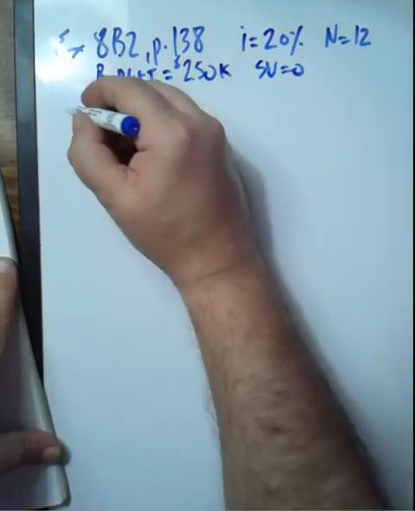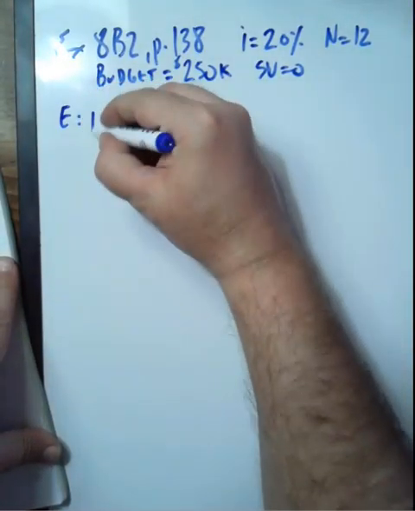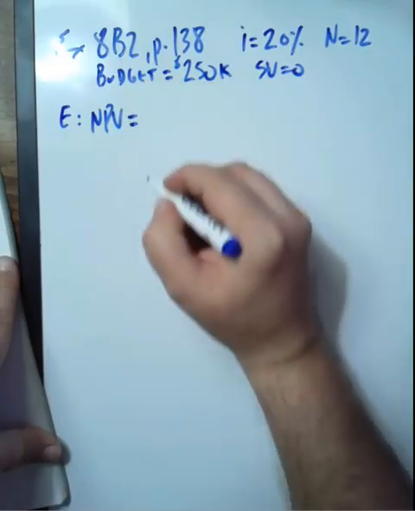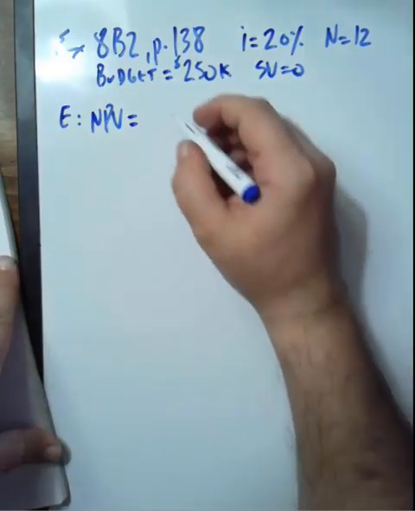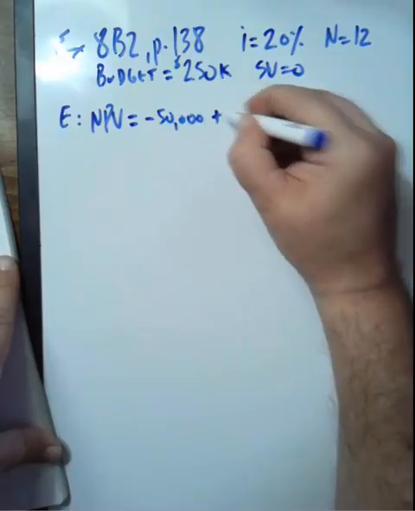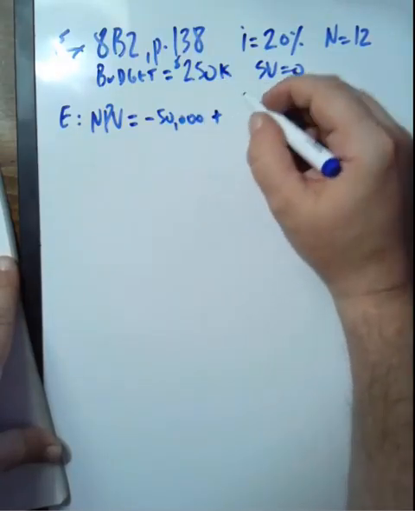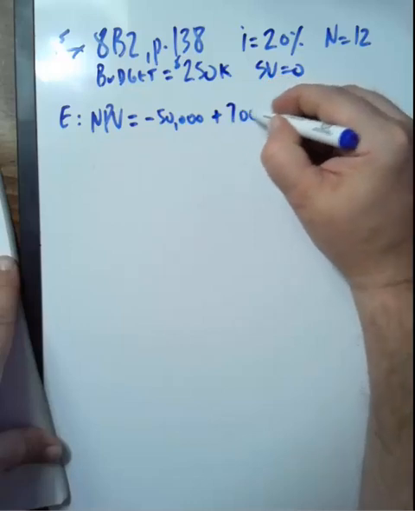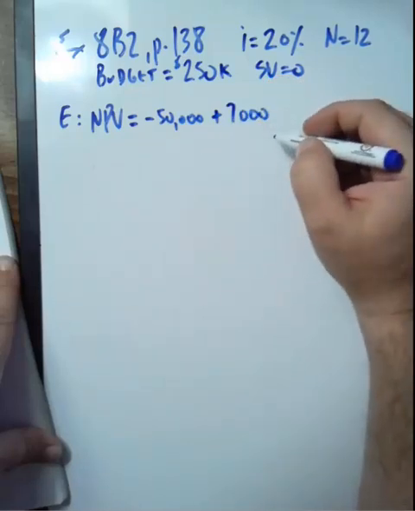So we have the Econ project net present value equal to the present value of all cash flows. We have the $50,000 of investment, and then an annuity of $7,000 of positive cash flow.